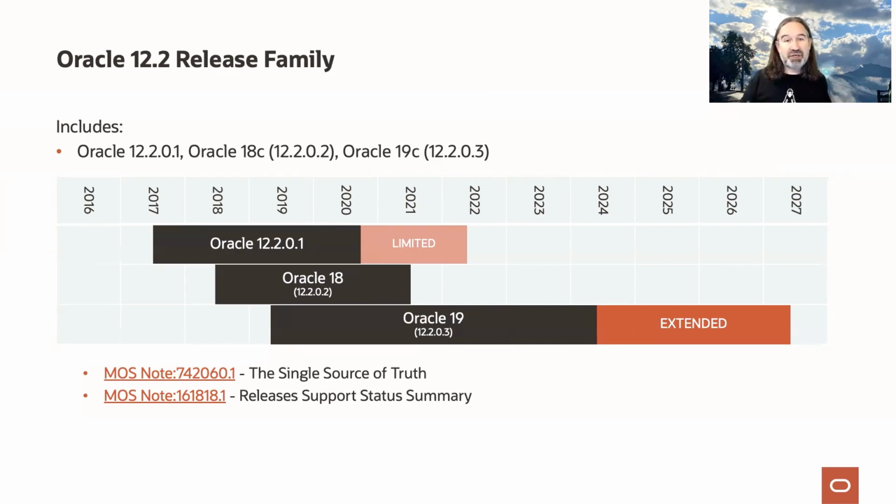And the limited error correction support means that once the premier support for 12.2.1 runs out end of November this year, in 2020, we add at no extra cost limited error correction support, which applies to severity 1 fixes, to security fixes, and very important, we release also the release updates, so the quarterly patch bundles, and you will be able to request merge patches on top of these release bundles if you need them.